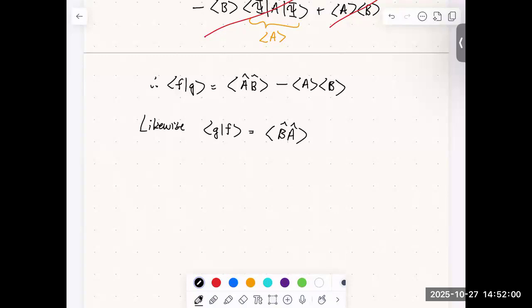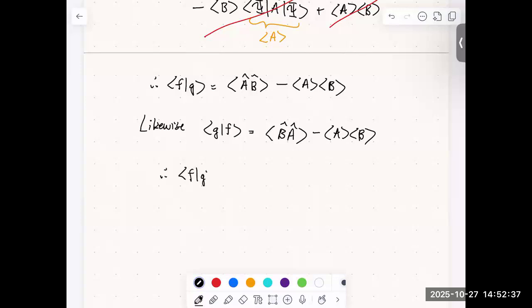And so it's not necessarily the case that A hat followed by B hat is the same thing as B hat followed by A hat. It's because one of them could involve a derivative with respect to X, like the momentum operator, and the other one could have an X in it, like the position operator. So whether you do the derivative first or second matters. Okay, and then it would still have the expectation value of A times the expectation value of B part.